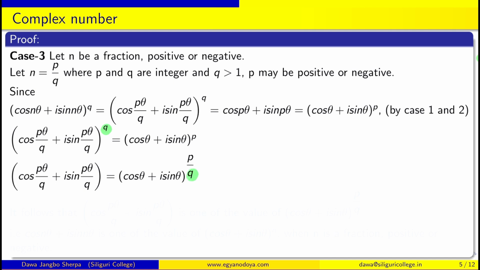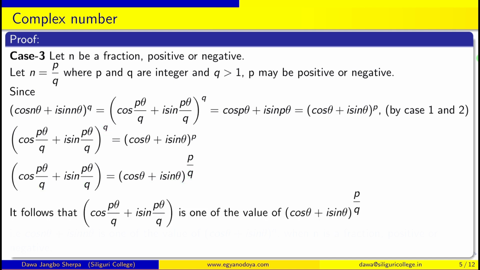So cos p by q theta plus i sin p by q theta is equal to (cos theta plus i sin theta) whole to the power p by q, and this means this is one of the values of this quantity. That is, cos p by q theta plus i sin p by q theta is one of the values of (cos theta plus i sin theta) whole to the power p by q, and we know that this p by q is n.